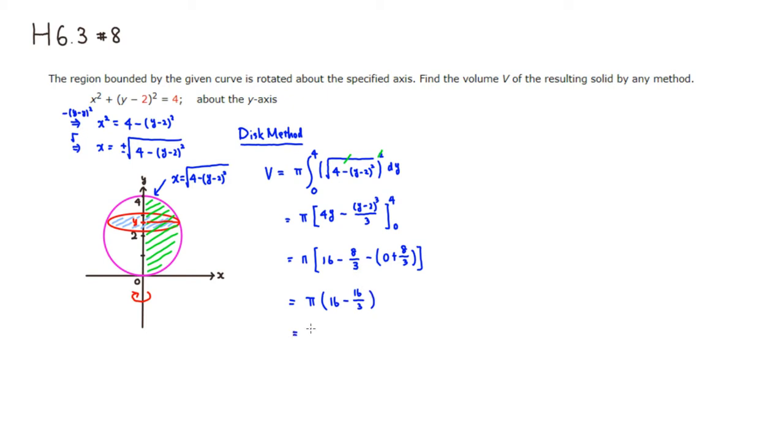Taking a common denominator, I'll have to multiply by 3, so 3 times 16 is 48, and 3 times 1 is 3, so it's 48 minus 16, and this is pi. So it's going to be 32 over 3, so it's 32 pi over 3.